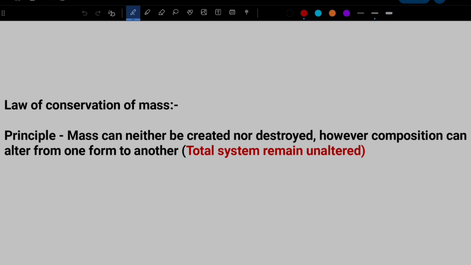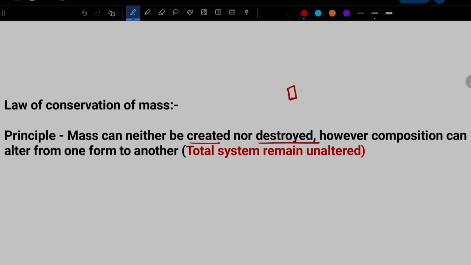The first principle is that mass can neither be created nor be destroyed. However, the composition of the mass can be altered from one form to another. What does it simply mean? For example, we cannot destroy or create mass.